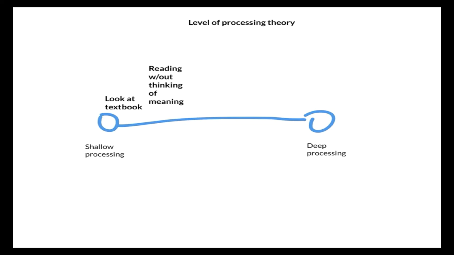And then as we move more towards the middle, we can imagine that being like maybe reading while you are thinking about the material. And as we get further into deep processing, according to the theory, well, what is deep processing? It's essentially anything that involves thinking about and working with the meaning of the stuff that you are reading.